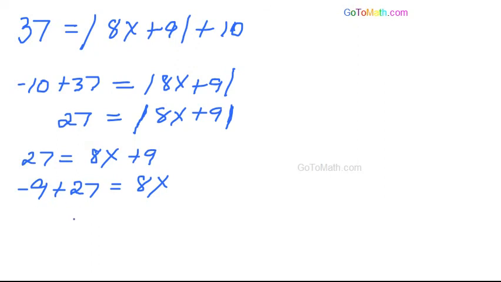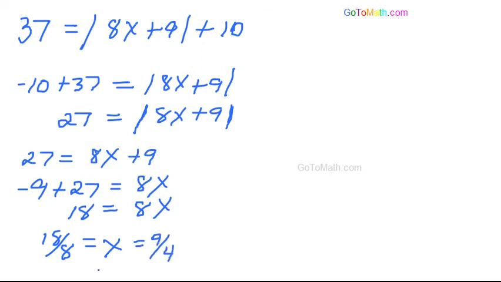So we got 18 is equal to 8x. Take the 8 diagonally down, 18 over 8. And of course, that'll reduce down to 9 over 4. We can just write that right there. 9 over 4.